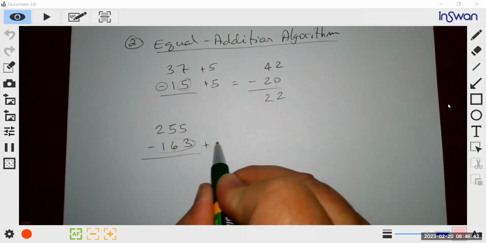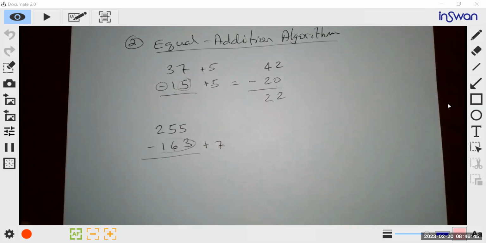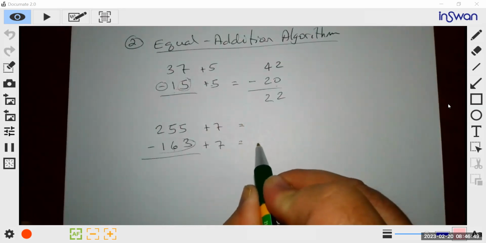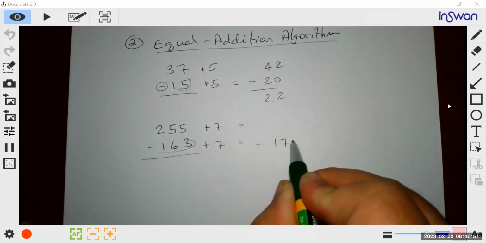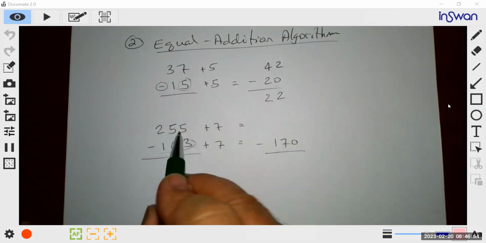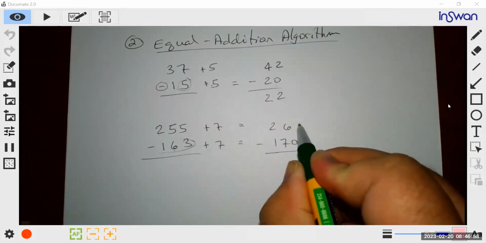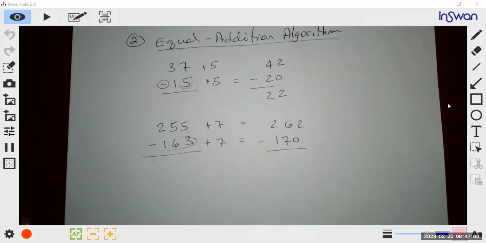So we add what? Add 7. So add 7 top and bottom. That gives us 170. 255 plus 7 is 262. Okay, so that got rid of the first digit. Now we have to get rid of the second digit.